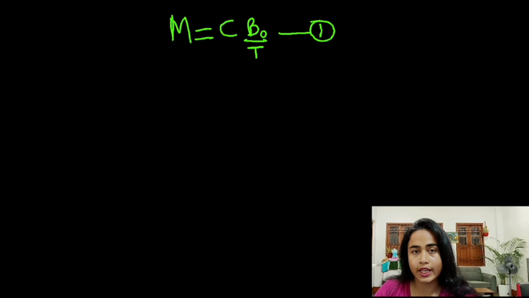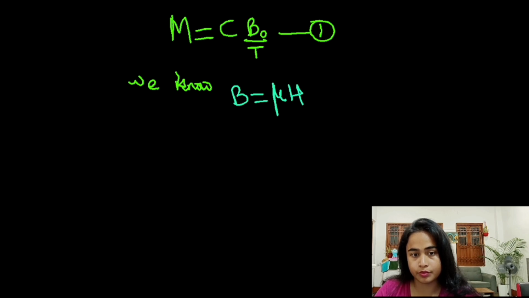This equation can be further simplified in terms of your chi, magnetic susceptibility. So we know another term. What do we know? That B equals mu H. Okay, I'll be discussing in another video how I derived this equation.